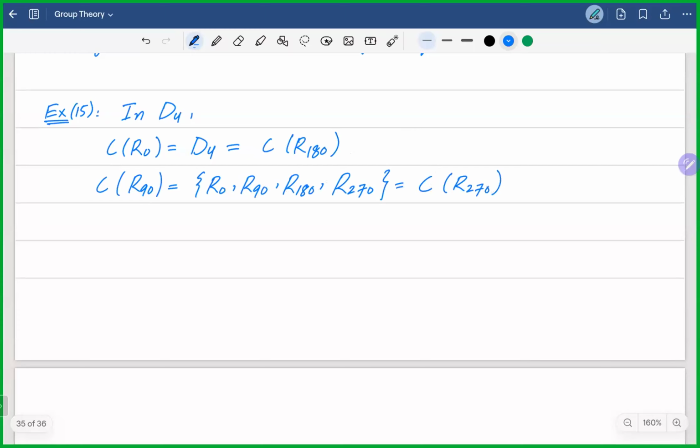Remember the definition of the centralizer: elements from the group which commute with the fixed element. Okay.